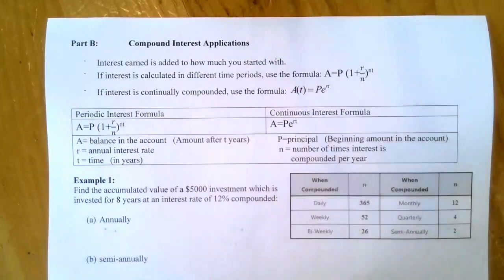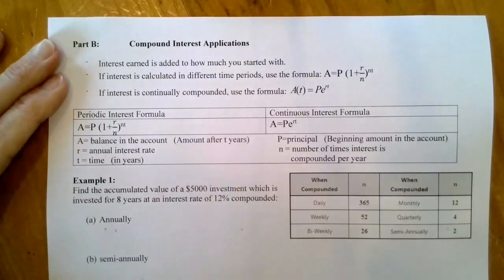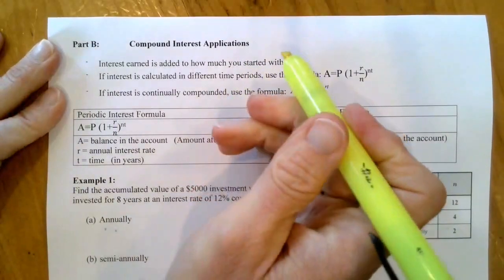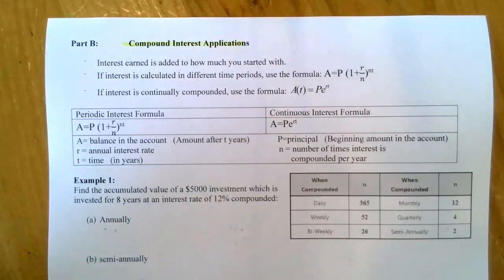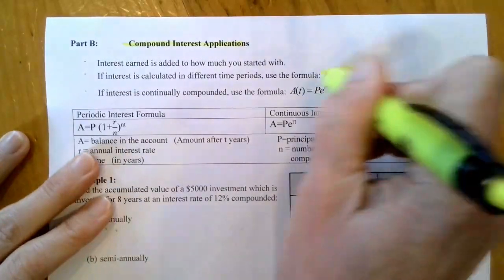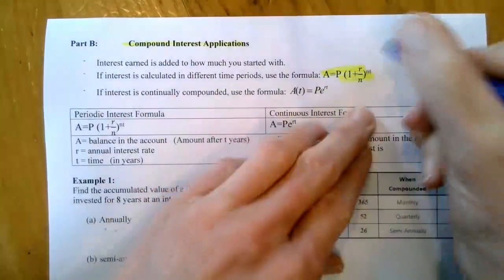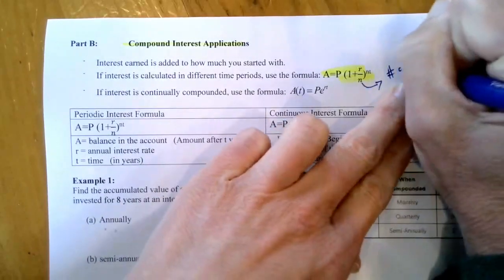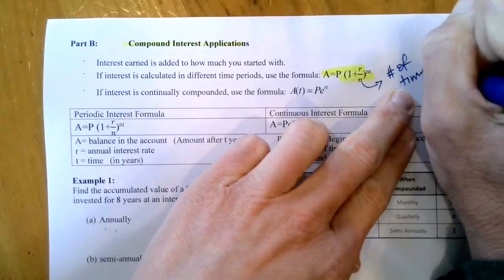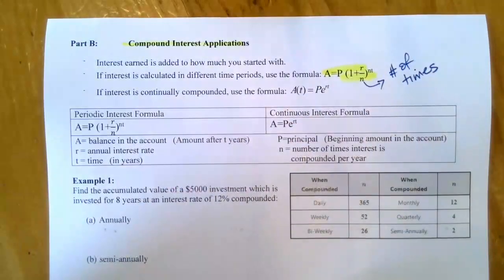Okay, so we'll review again. Compound interest applications, interest earned is added to how much you start with. So this compound interest review, if interest is calculated in different time periods, you're going to use this, and this N is going to represent the number of times that you're calculating it.